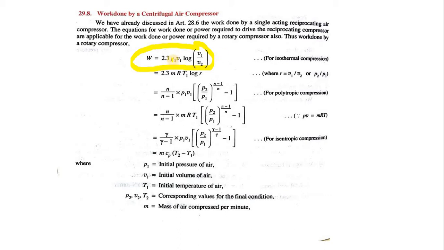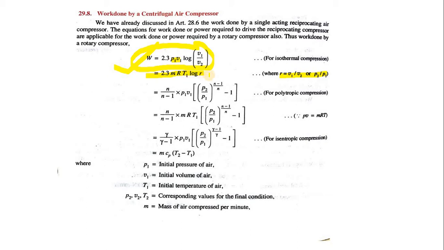Further, the PV term is replaced by PV = mRT1. V1/V2 can be replaced by P2/P1. So the work done for isothermal compression is W = 2.3 P1 V1 log V2/V1, where P1 V1 is replaced by mRT1, so W = 2.3 mRT1 log r.